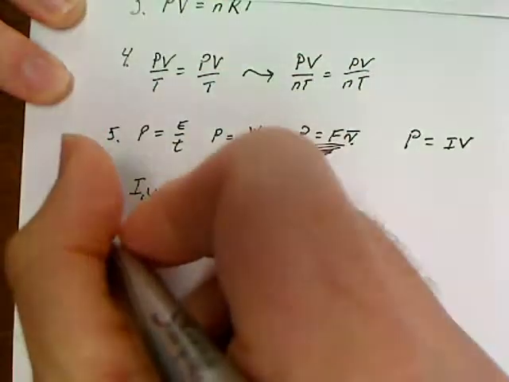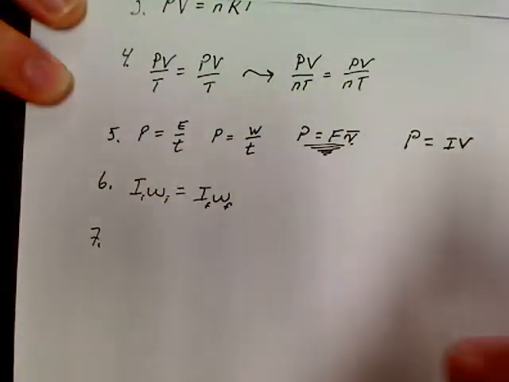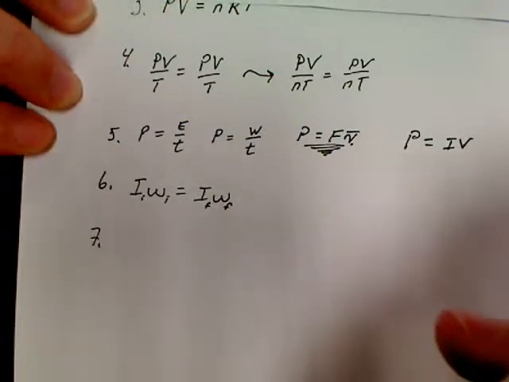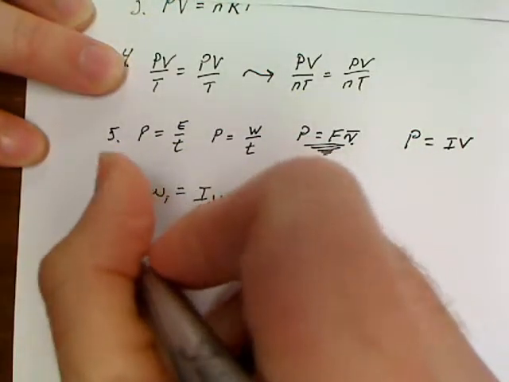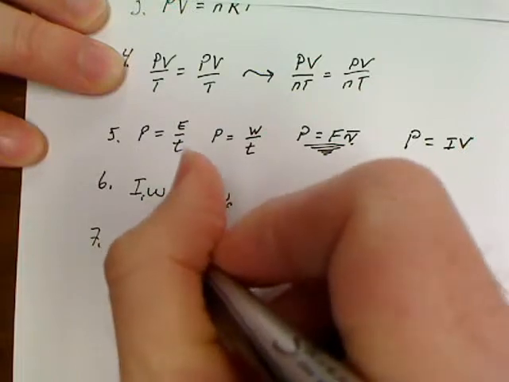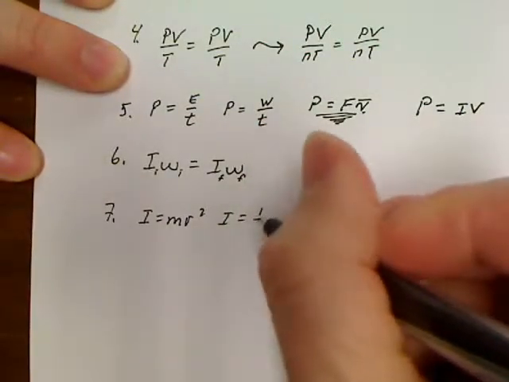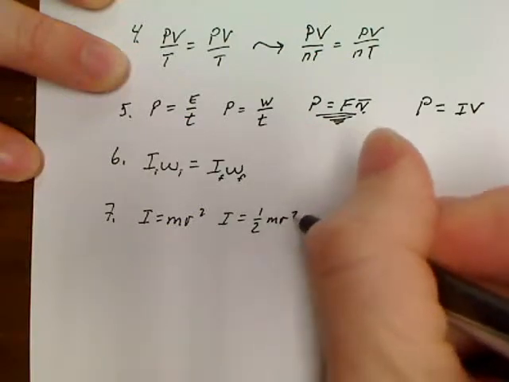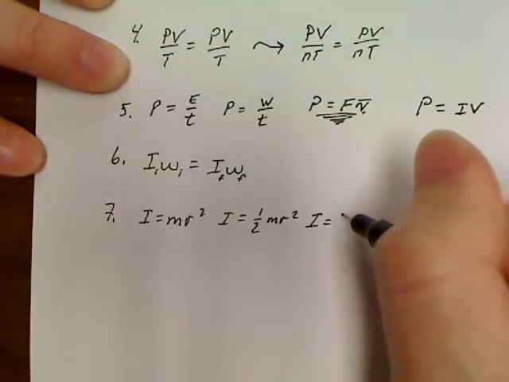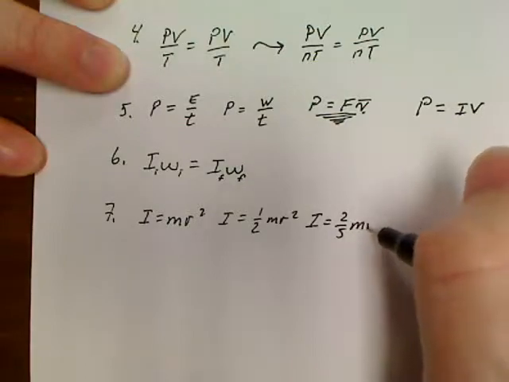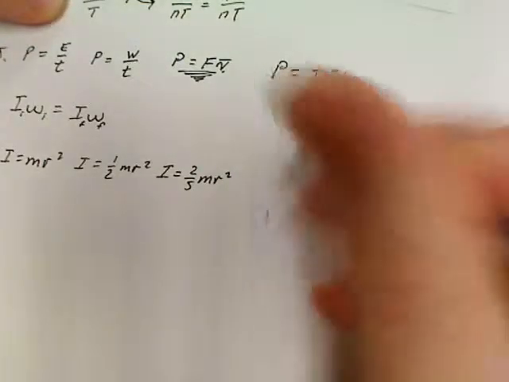Number 7, 5 equations for moment of inertia. Alright, let's see. I is equal to mr squared. I is equal to 1/2 mr squared. I is equal to 2/5 mr squared.